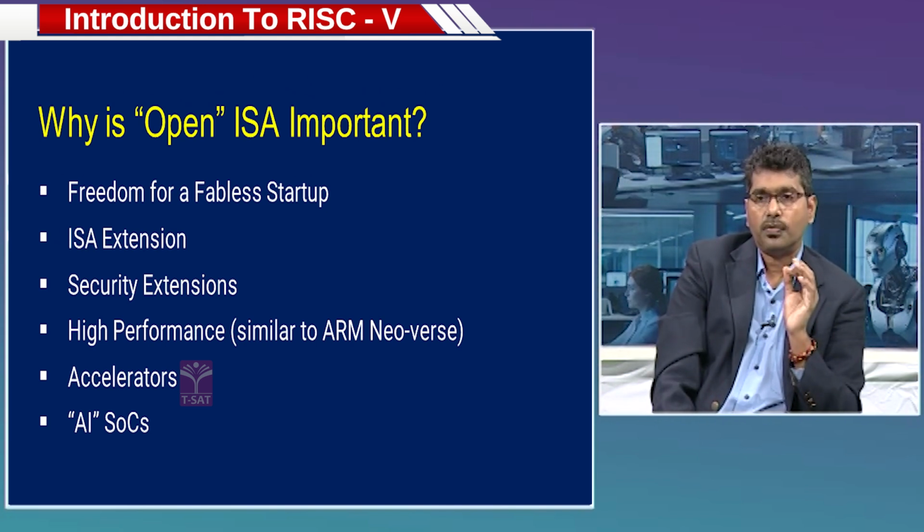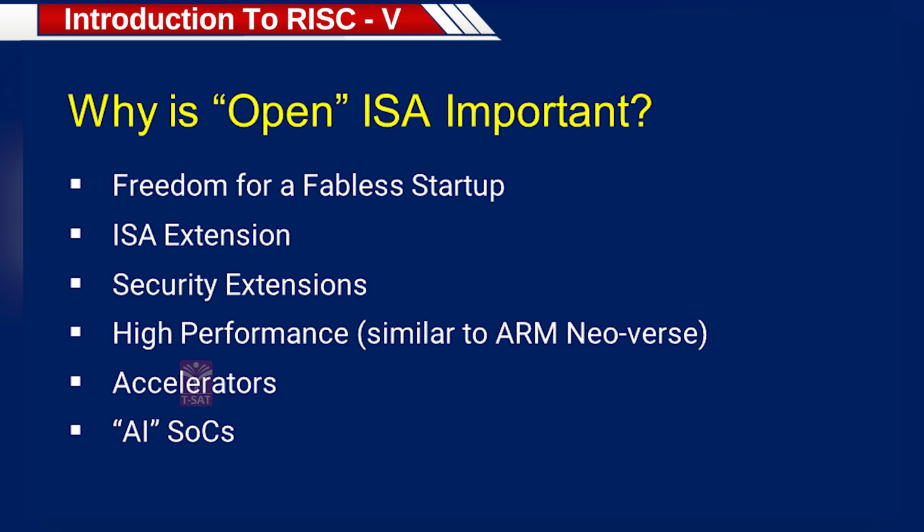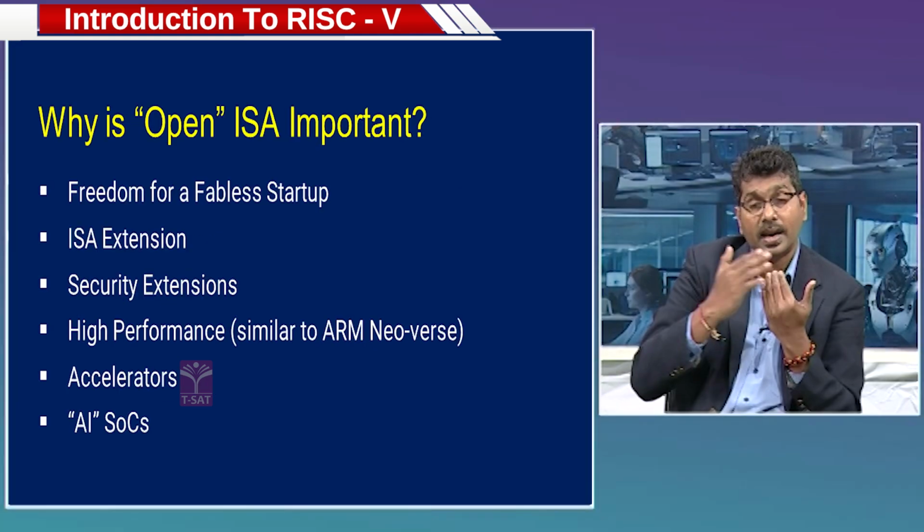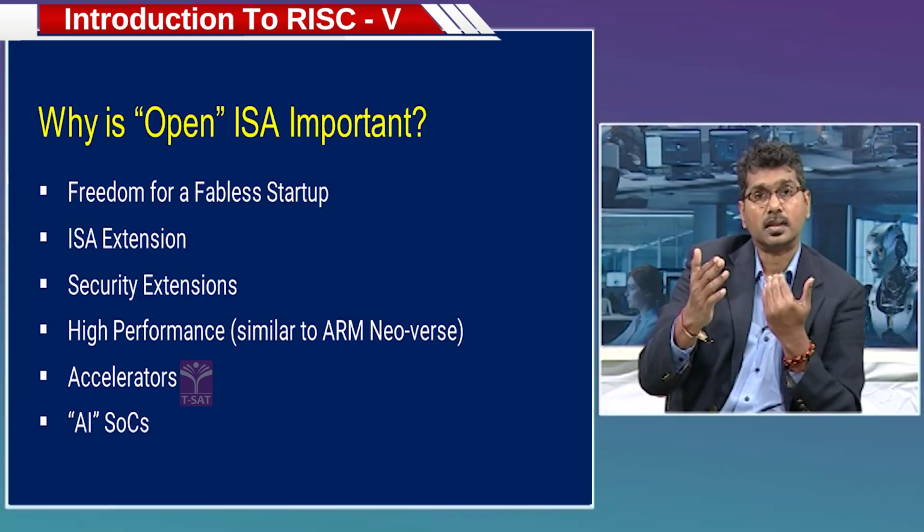If you want to extend the instruction set architecture, you never had this option before. RISC-V defines a list of around 30 to 40 instructions that you have to implement. But beyond that, they give you the freedom to add your own instructions.